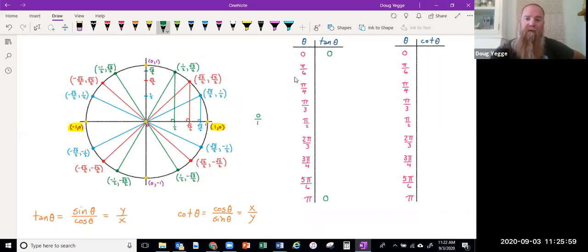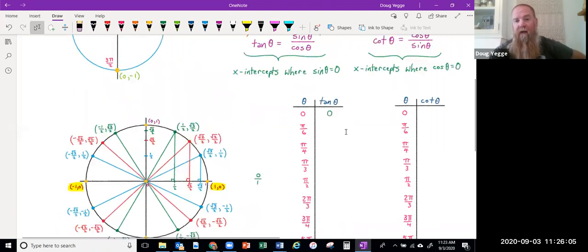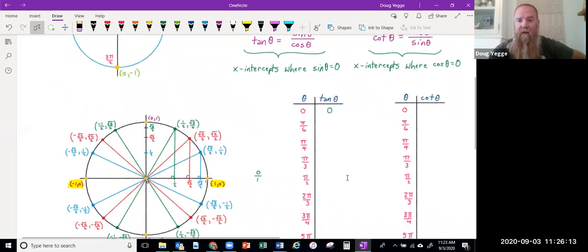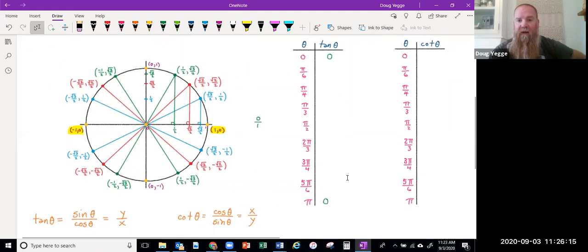Which should be pretty obvious here because that would imply that the x-intercepts are 0 at 0 and pi. And we just saw right up here that x-intercepts were going to occur where the sine value is 0, which makes sense. So that's why you have your unit circle to kind of give you all of the ratios that you're going to need.